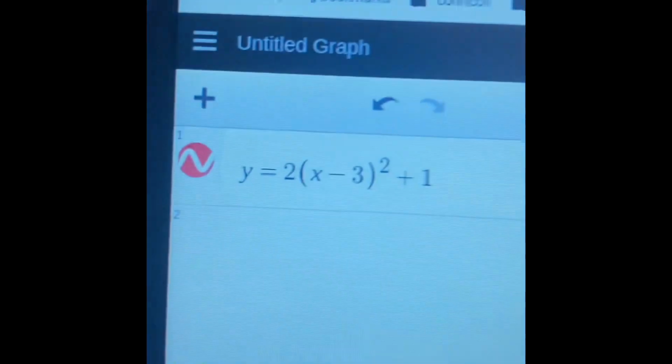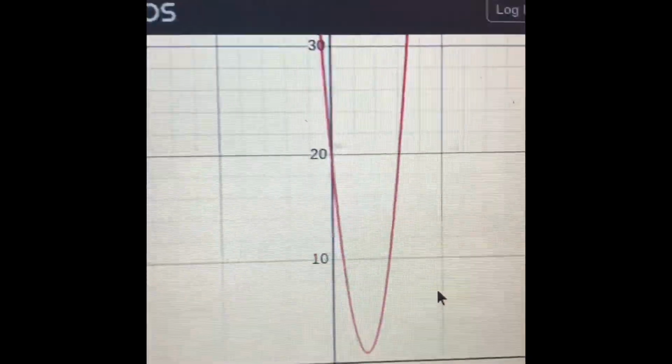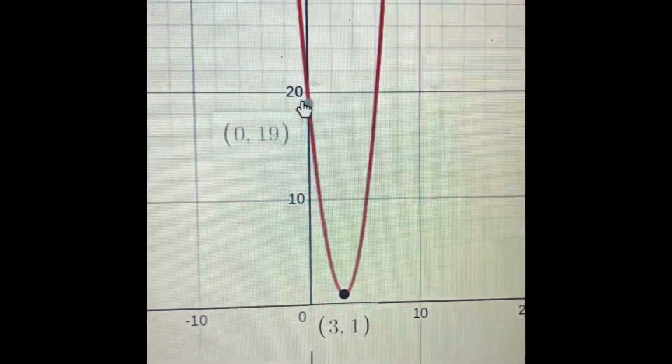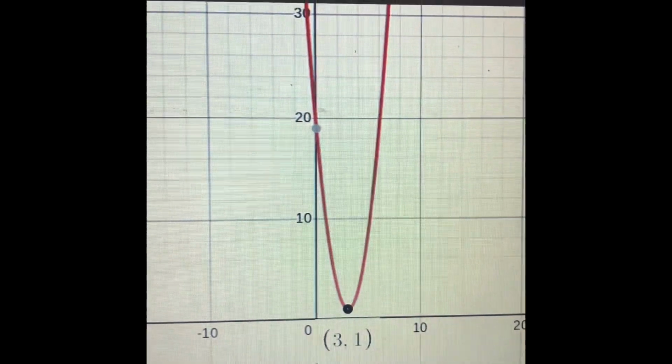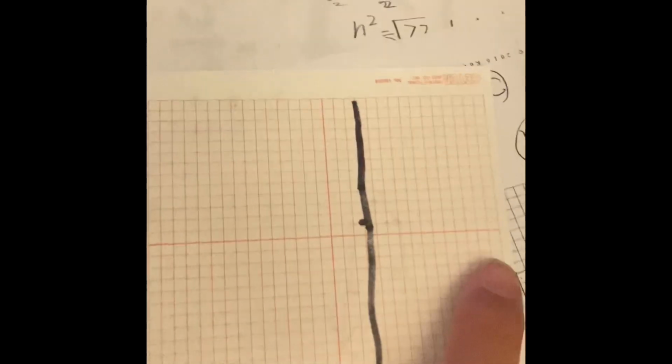Okay, so here we have the equation on Desmos, and this is what it looks like. We found that the vertex is (3, 1), and the y-intercept is (0, 19). That is way off the charts, because on the graphs that we use up here, the highest you can graph is 10 as y and 10 as x, and vice versa.